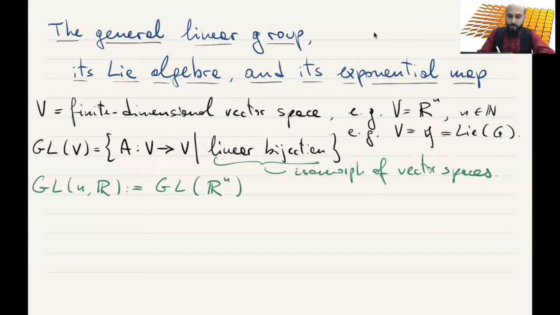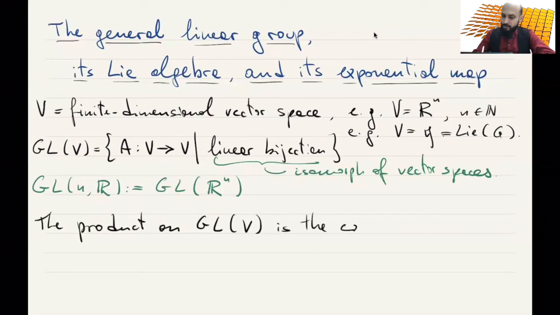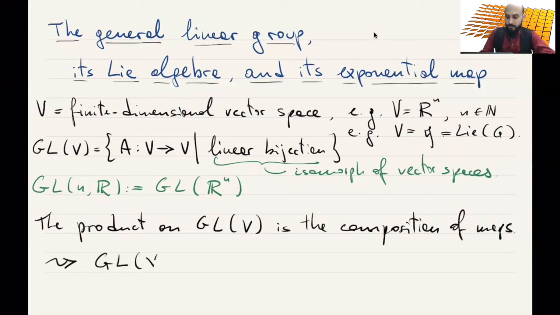Now, this is a group because the product on GL(V) is the composition of maps, and since they are invertible, it's easy to prove that this set with this product is a Lie group.